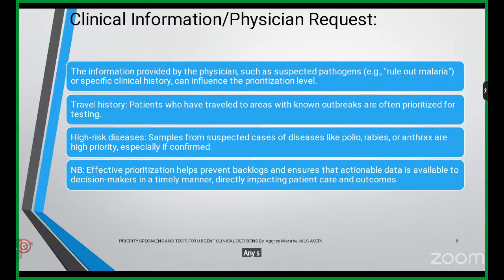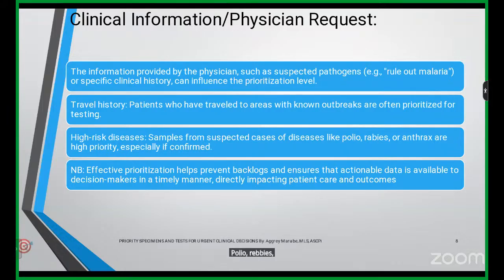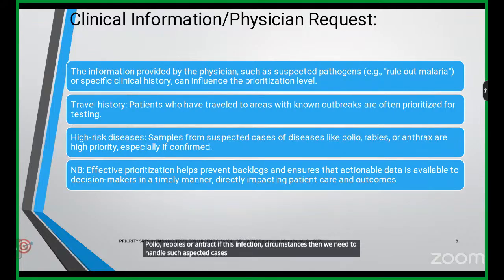And even a single suspected polio case is handled as an outbreak. So these are cases that are key, especially in prioritization of testing. We have polio, rabies, or anthrax. If these infections are confirmed, then we need to handle such suspected cases with high priority.